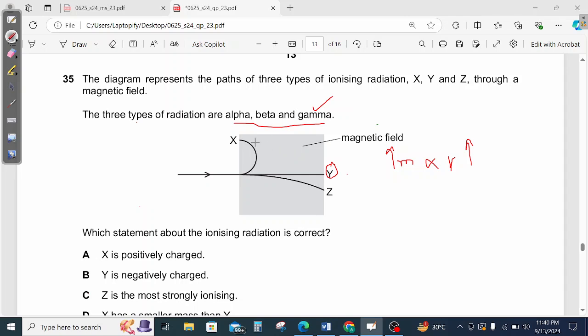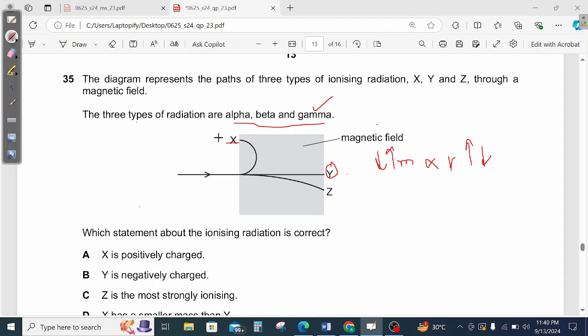Okay, if you look on the X, look on the curved path, it is more bent as compared to Z. It means the material that has less mass, its radius will be small and it will make a small circle. So it means the beta particles are basically the beam of electrons. The mass of electron is less than the alpha particle.